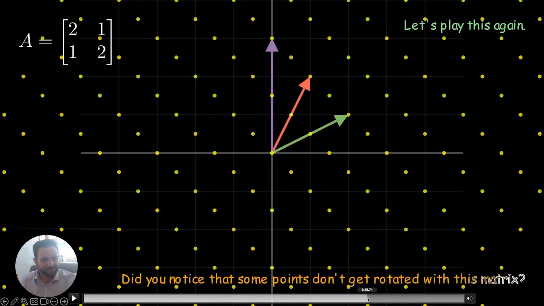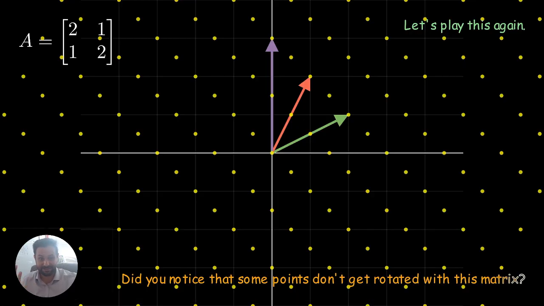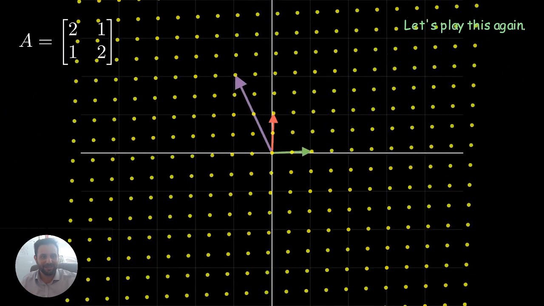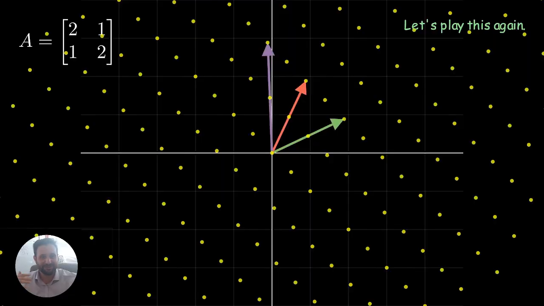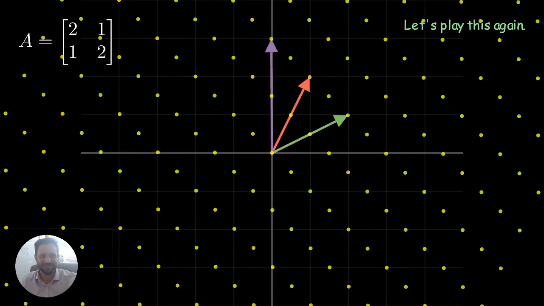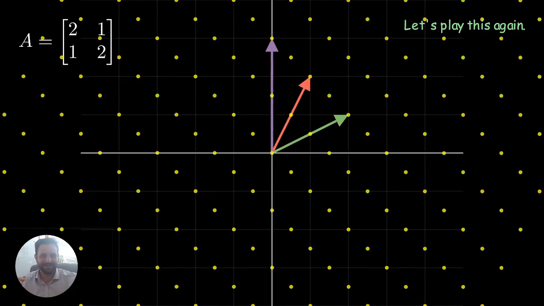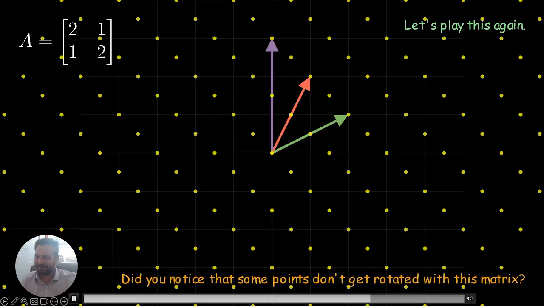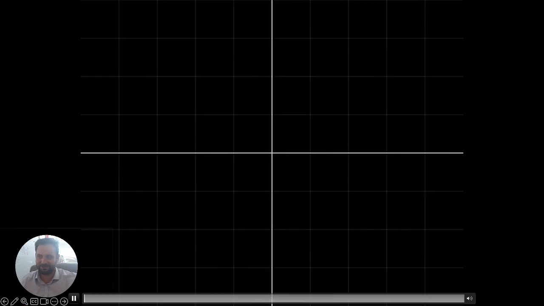We will have a name for such vectors, a set of vectors that don't go anywhere, even though the matrix is warping everyone, transforming everyone to their new locations. There are some vectors that don't get affected by this matrix multiplication. Not yet, but we will have a name for such vectors.